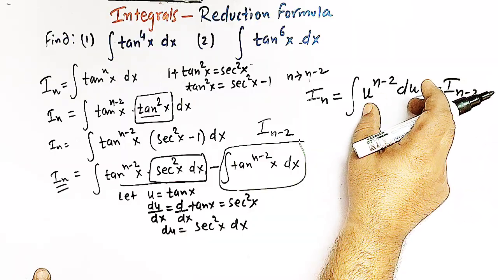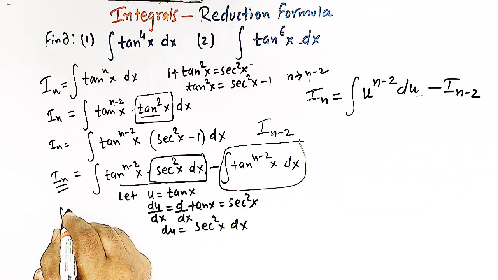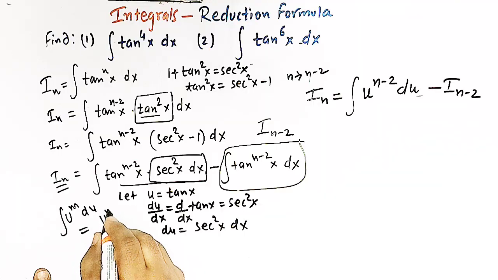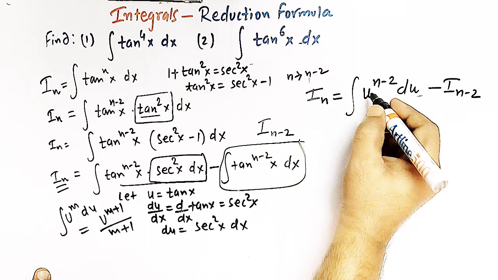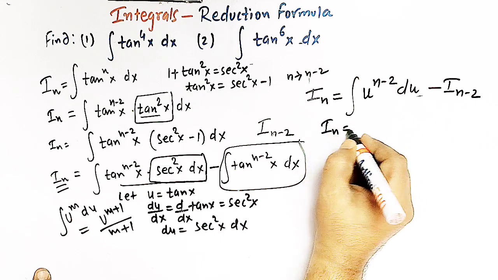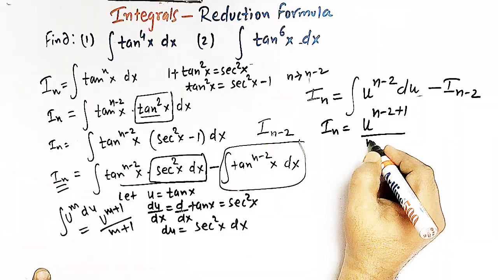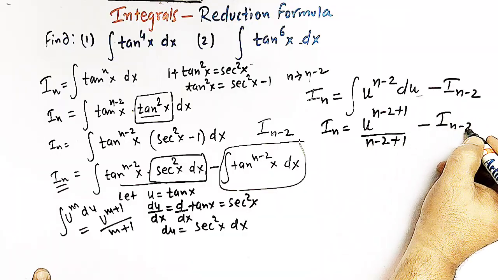Now this is a simple integral, and using this standard result, integral u raised to m du is given by u raised to m plus 1 over m plus 1, right? So here we have I n is given by u raised to n minus 2 plus 1 over n minus 2 plus 1 minus I n minus 2.